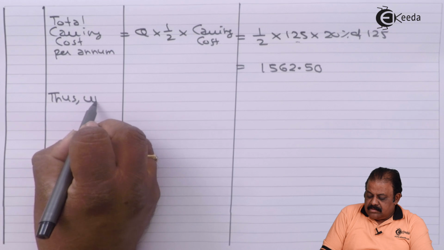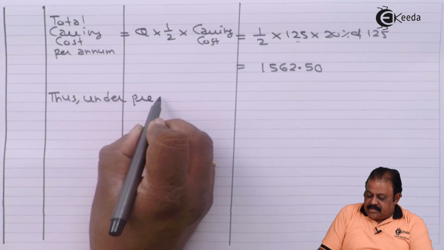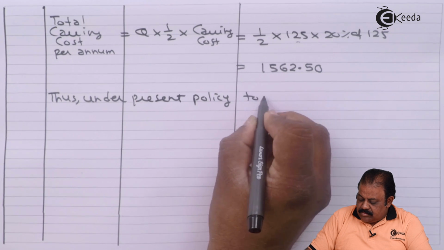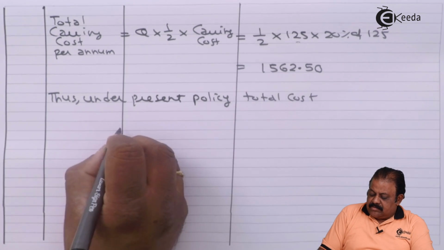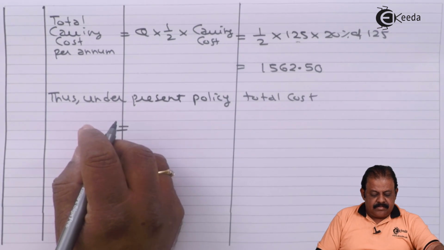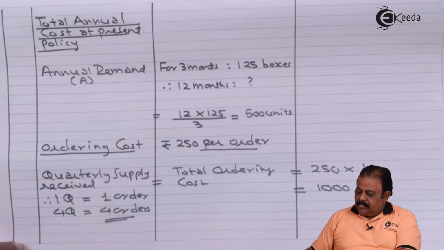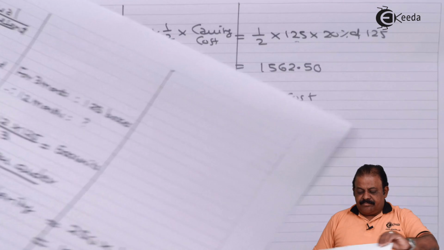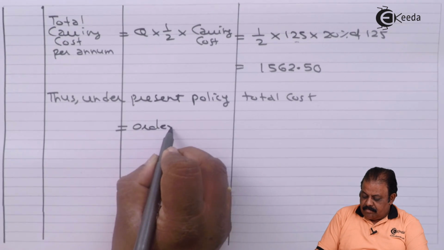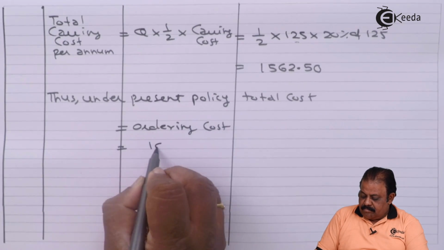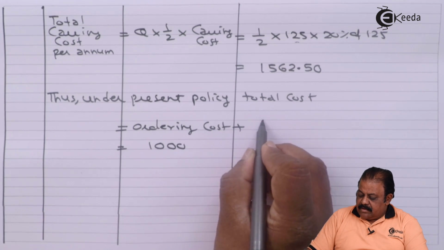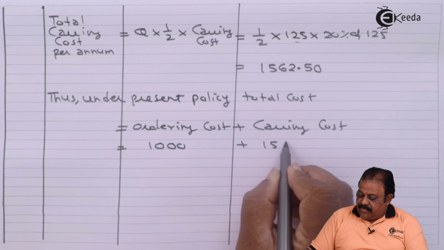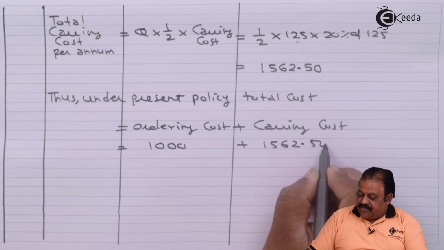Thus, under present policy, total cost, that is ordering cost rupees 1000 plus carrying cost 1562.50.